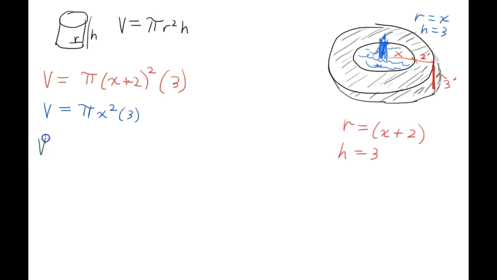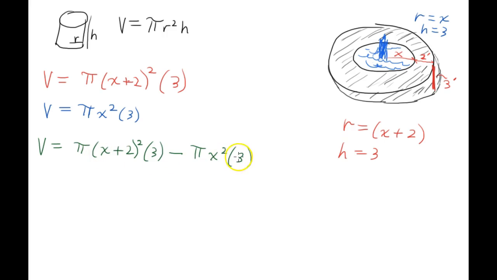Volume of the total thing, that's pi times x plus 2 quantity squared times 3, that's from this first part, minus the volume of the hole, pi x squared times 3. Okay. That's it. We can clean this up a little bit, but that's the answer.